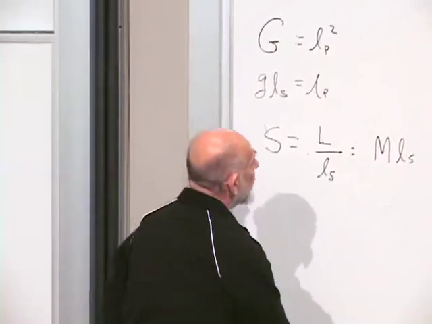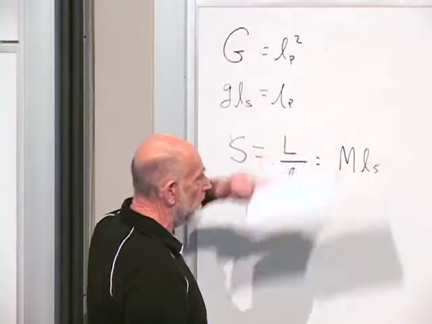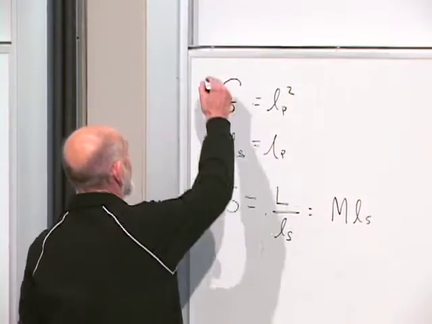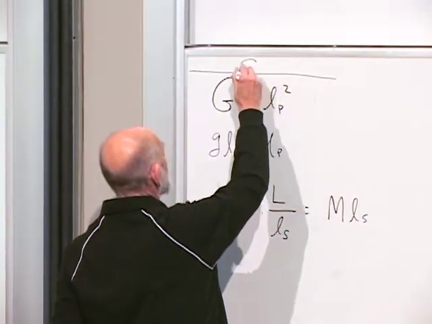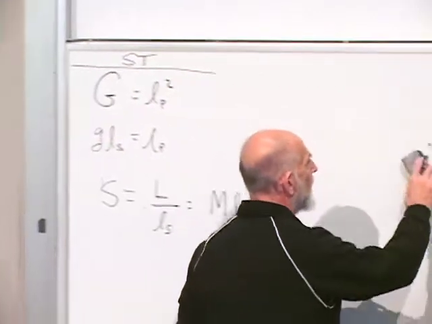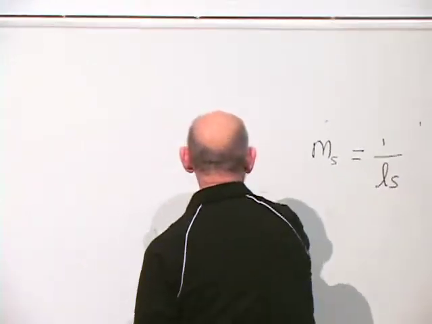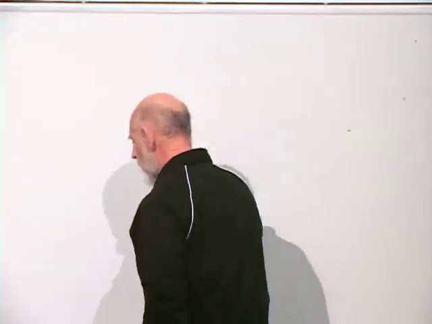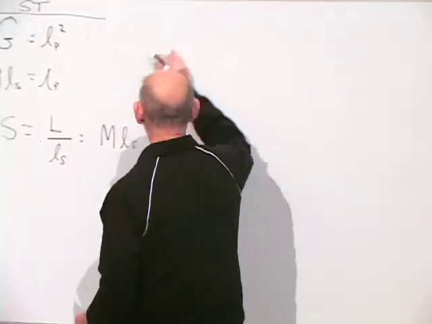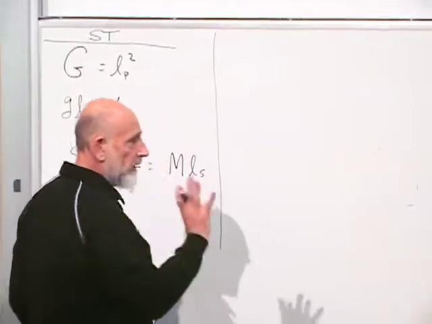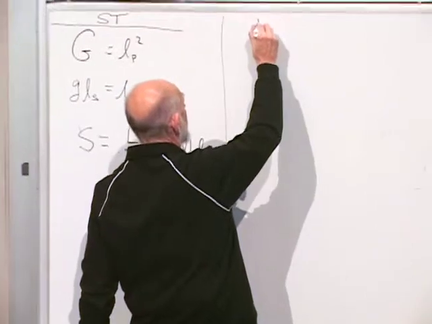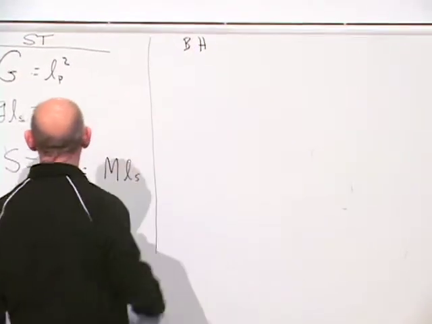I should have headed the column here, string theory. Okay, now let's put over here black hole theory, which we could also call gravitational theory or general relativity, but a little more than general relativity. General relativity plus Hawking and Bekenstein, who taught us about the entropy of black holes. All right, so here we put black hole physics.